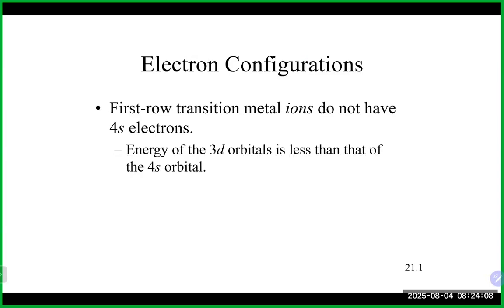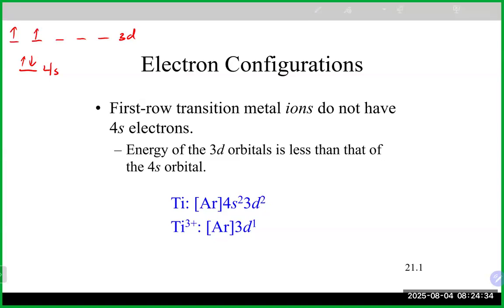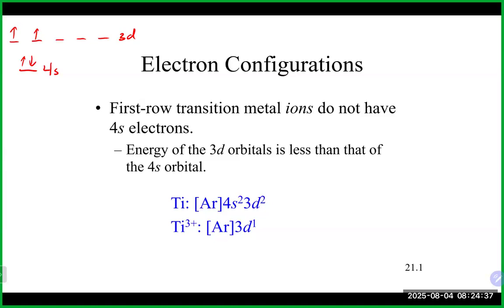So then let's talk a little bit about ions and what happens with transition metals when they make ions. They're in the d block, and as the electrons go in, as we just talked about, they definitely go into the 4s first, for example, for the first row transition metals. But once you start to promote some electrons into the d orbitals, there will be this switch in terms of energy.